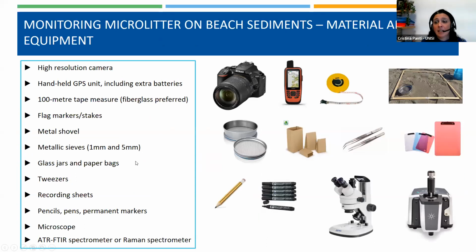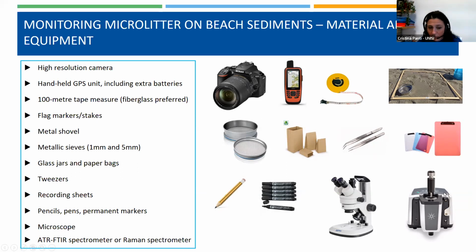Finally, the materials and equipment that you need. It's quite the same as the material that we already mentioned in Thomais's presentation. One difference is the plot that you need to carry with you to select the number and the area to be surveyed, and the sieves.